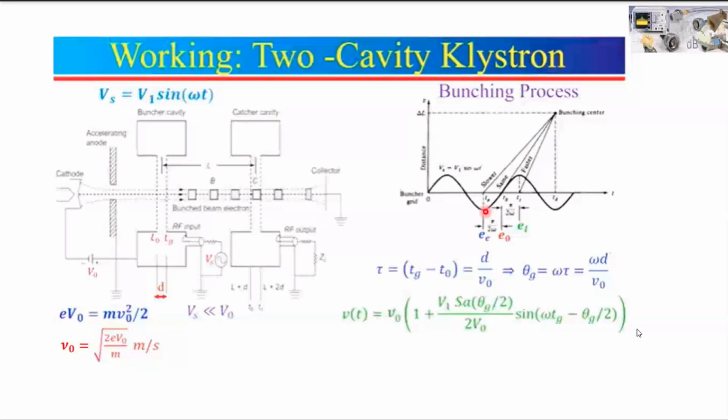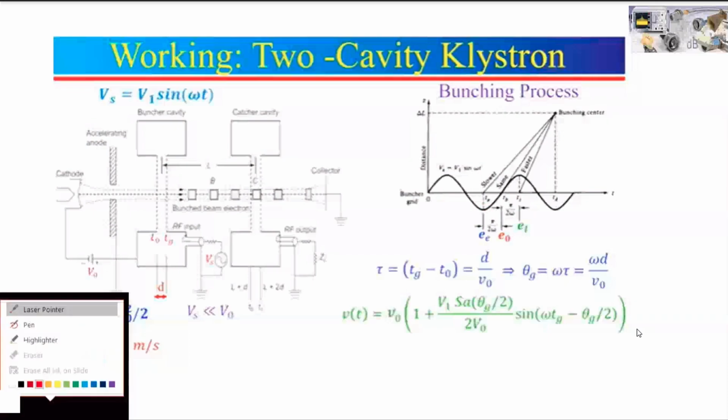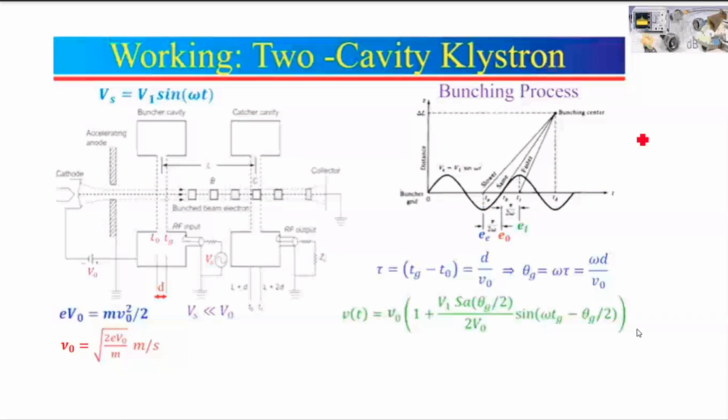So let us say this reaches the del L point after TD minus TA time, which is equal to the time taken by the reference electron plus this extra time. This extra time is nothing but pi by 2 omega, which is T by 4, where T is the time period of the input signal.